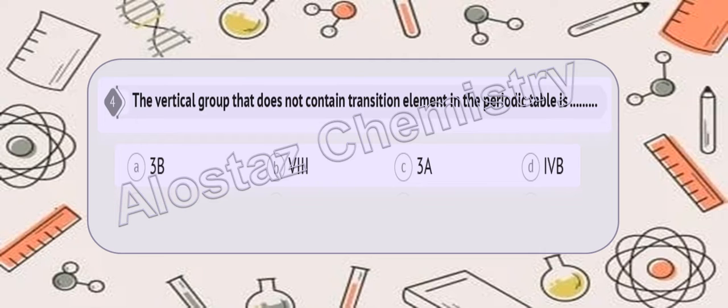They are on the two sides, so we call them representative elements. But in the middle we have the transition elements. They take the letter B in the middle, starting from group 1B, 2B, 3B, 4B, 5B, 6B, 7B, and group 8, including the three columns together, in the middle of the table.